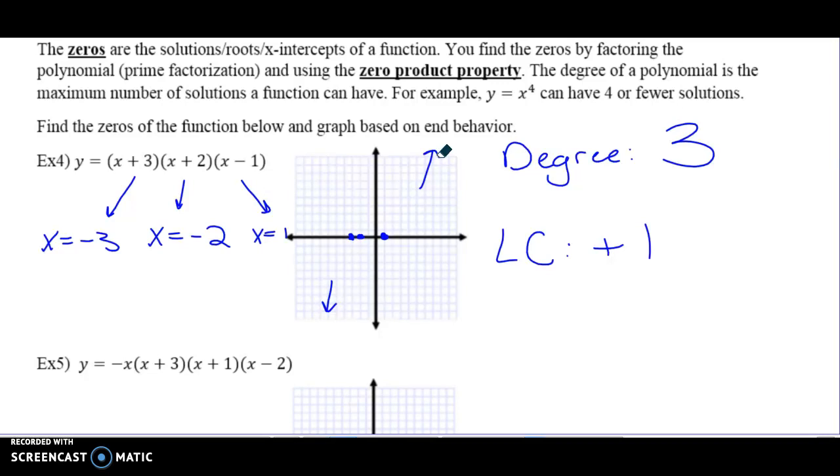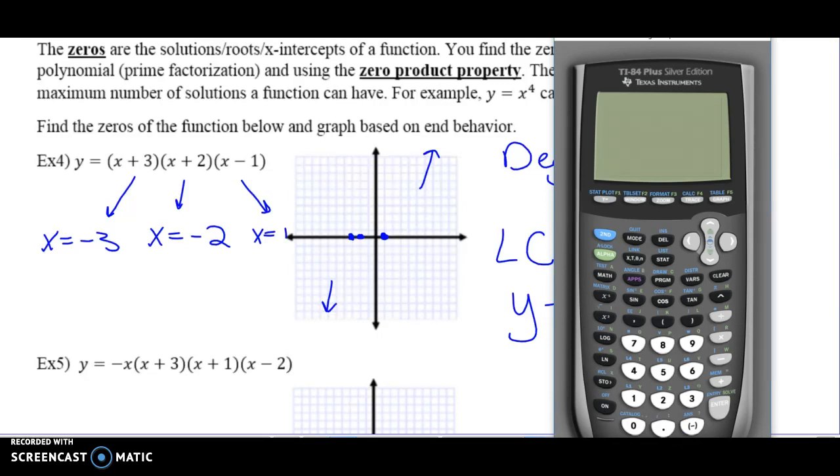One more thing I want you to find: the y-intercept. Okay, how do we find the y-intercept of any graph ever? X equals 0. You plug in 0 for all the x's. So go to your home screen.